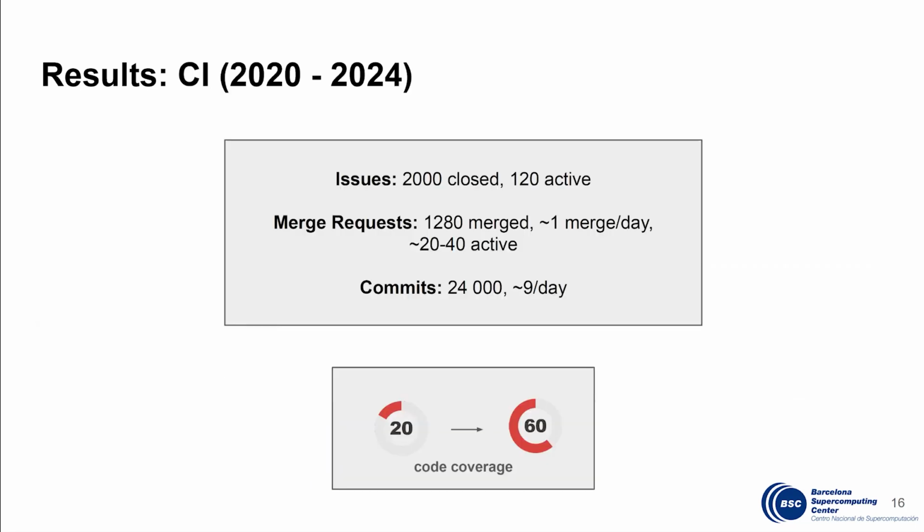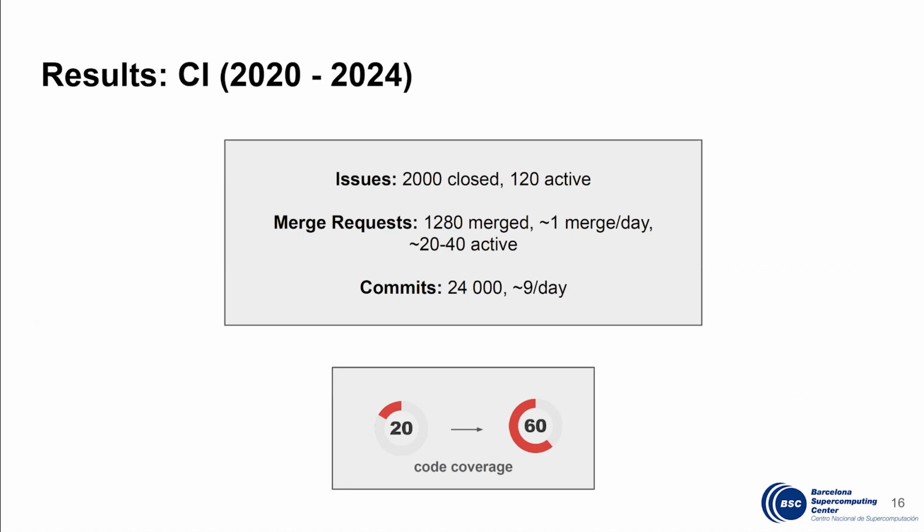So about the CI, between 2020 and 2024, we closed 2,000 issues. We still have more than 100 active. We reintegrated 1,300 merge requests, which means more or less 1 merge request a day. And we have, on average, 30 merge requests active a day.